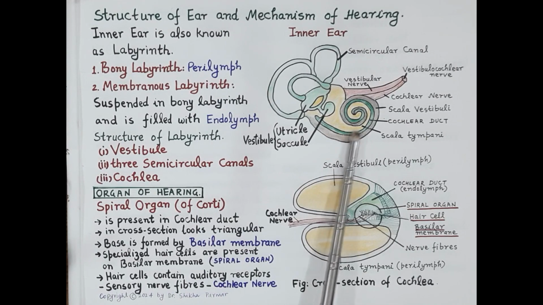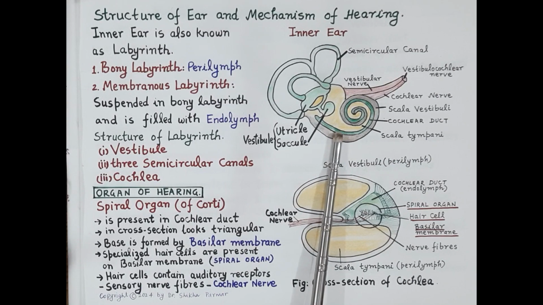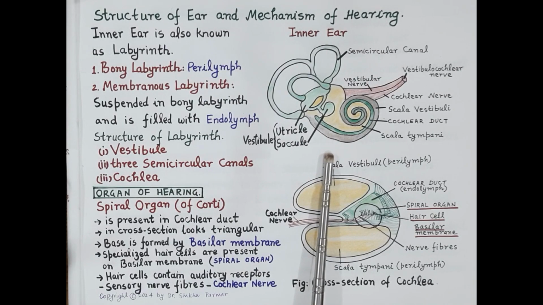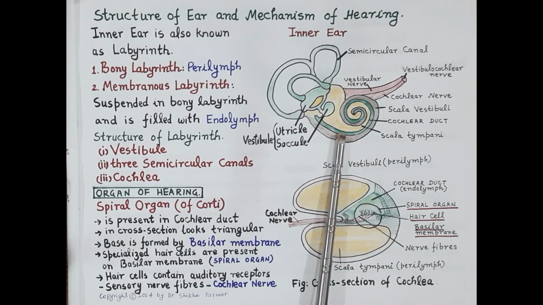Membranous labyrinth is this green color inner tube that is filled with the endolymph. So shape of inner ear is like a web or a labyrinth. It is filled with fluids. Outer is the bony labyrinth which is filled with the perilymph, and the inner is the membranous labyrinth that is filled with a fluid called the endolymph.